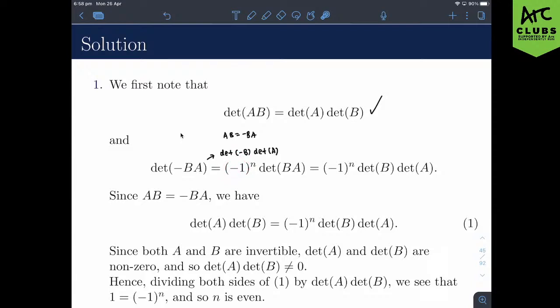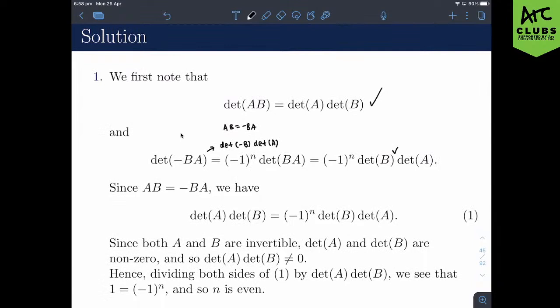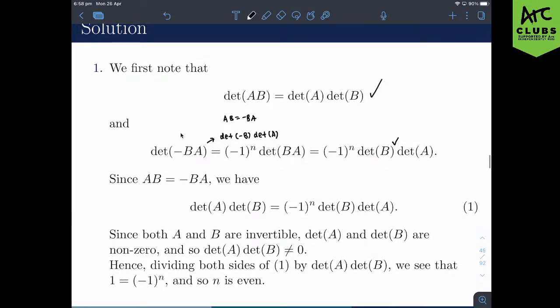And so using the determinant of a product equals the product of determinants property, we can write this determinant out in this form.